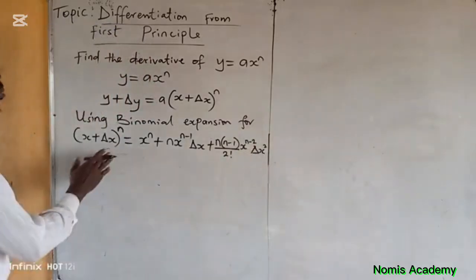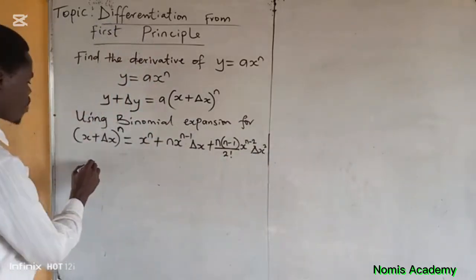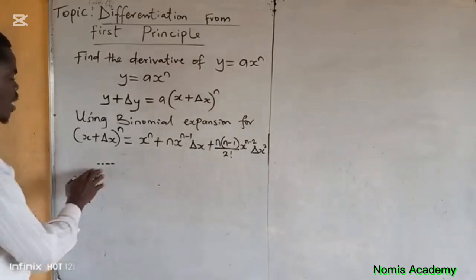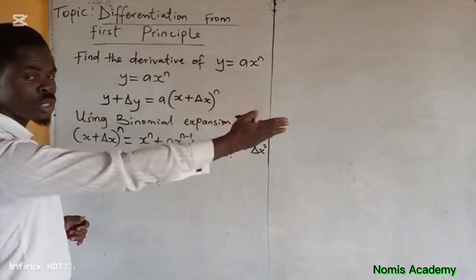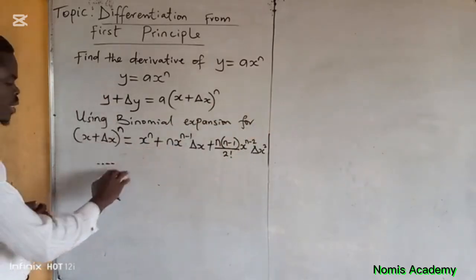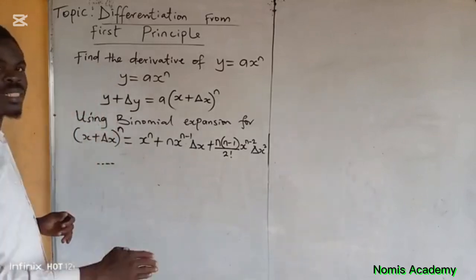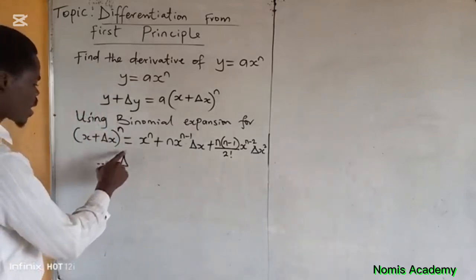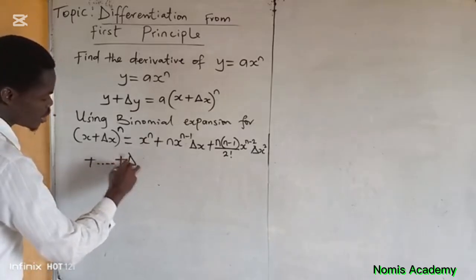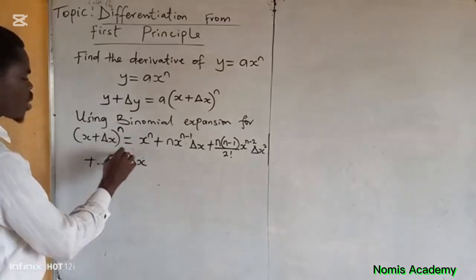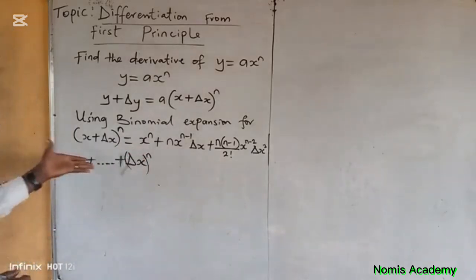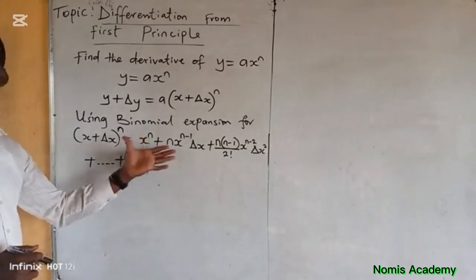So we can just summarize the expansion by using epsilon, which shows that the expansion continues. But since we are working with the power of n, we can summarize it and then write the last term, which is delta x raised to the power of n. So we can have the expansion in this form.